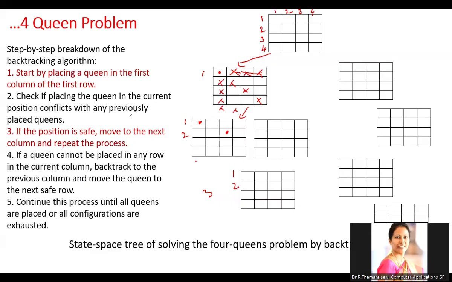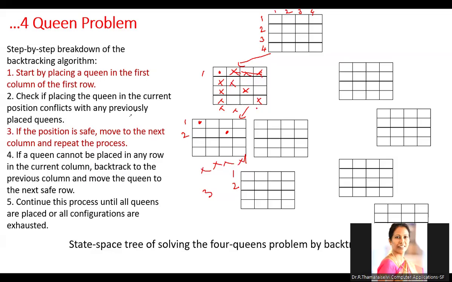So here it is not possible. This you cannot put, and this you cannot put. So all four columns, only columns 2 and 4 are free, but you cannot place the third queen in the third column, the second column, or the fourth column.